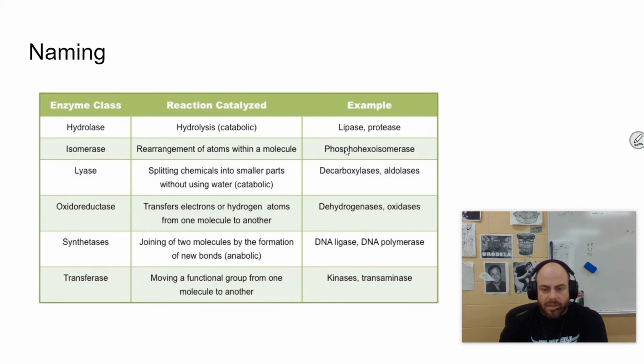Phosphohexoisomerase is an isomerase, it's changing the shape of something. Decarboxylase probably removes a carboxyl, right? Dehydrogenase, I think you're getting the idea. Some of these are a lot more specific, so knowing some Latin might be helpful. But you're not going to have to look at a name of an enzyme and tell me what it does unless I specifically tell you. But knowing that ASE is an enzyme is a helpful thing.